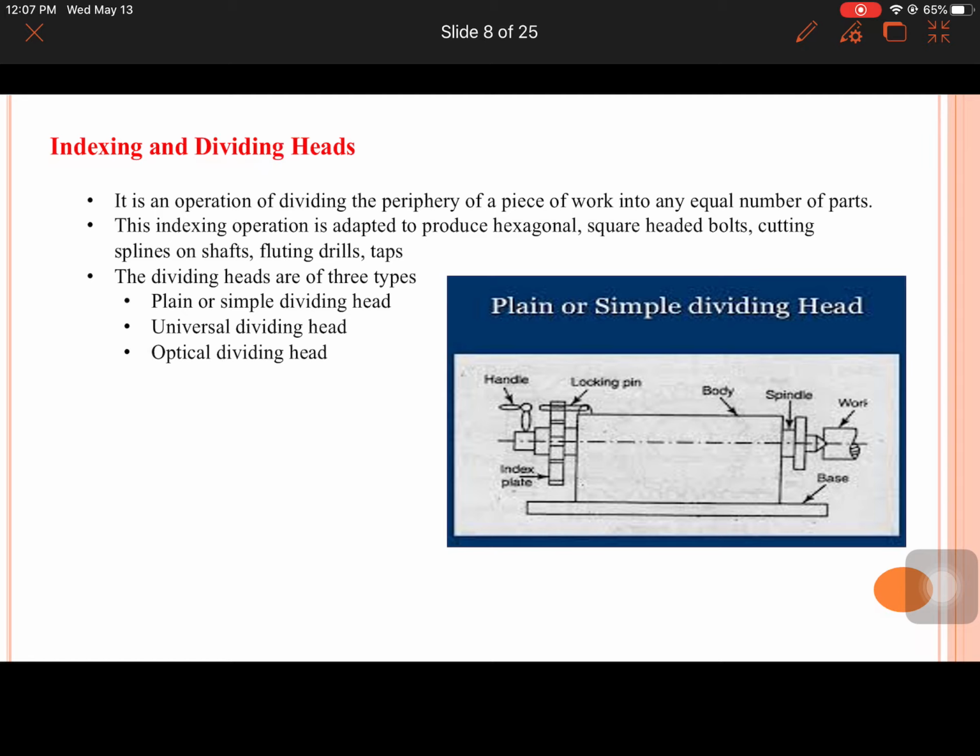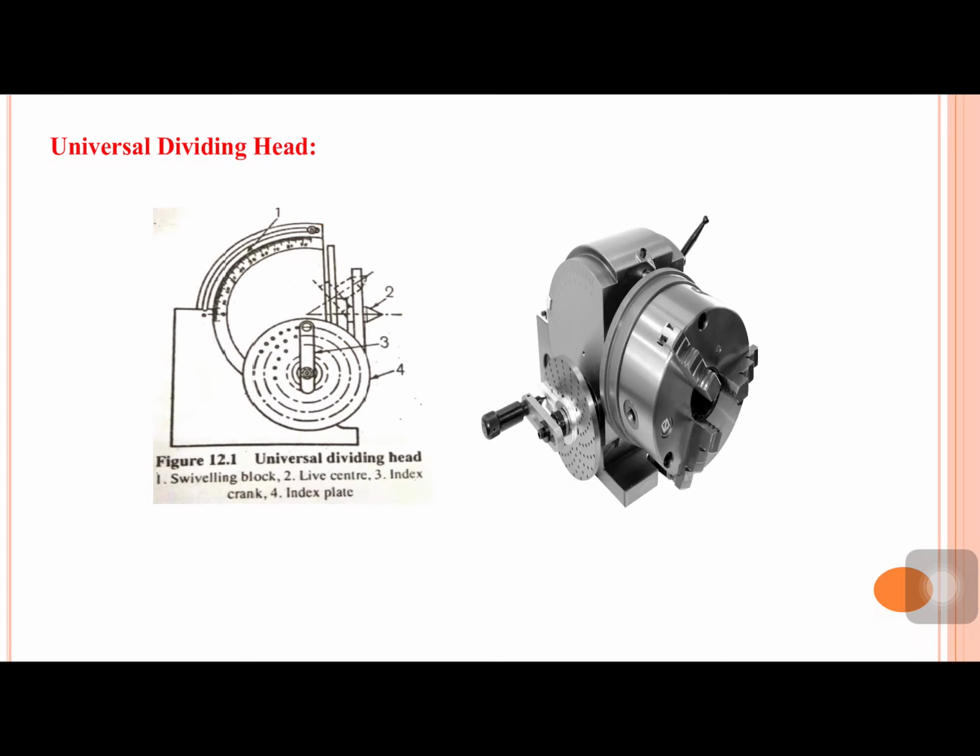Sometimes it may not be possible to get all the fractions by using this plain or simple indexing. Then we will go for the universal dividing head. So this is the construction of the universal dividing head. The main point you need to understand is, 3 is called the index crank or simply crank, and 4 is called the index plate.